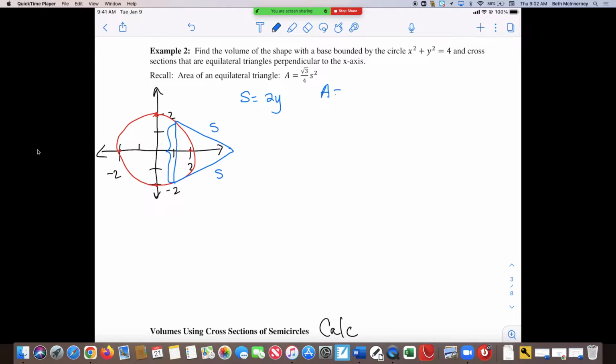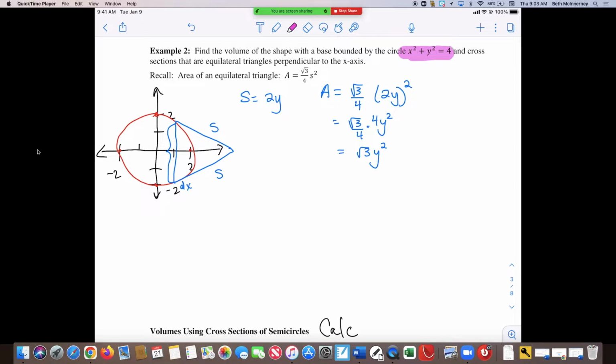So my area is the square root of 3 over 4 times 2y squared. Now I am doing these perpendicular to the x-axis, so that tells me dx. So I need this in terms of x. So this is the square root of 3 over 4 times 4y squared, which is just the square root of 3 y squared.